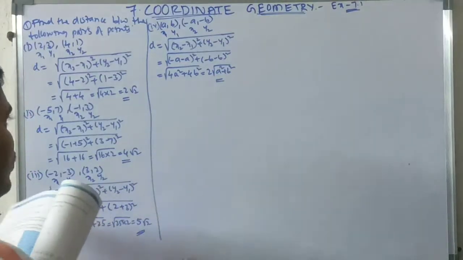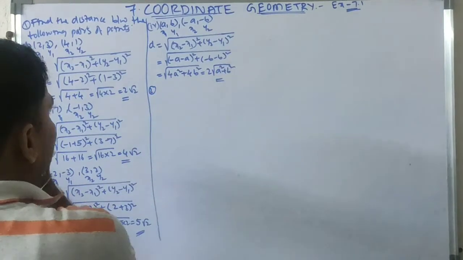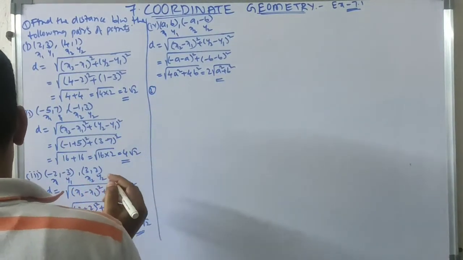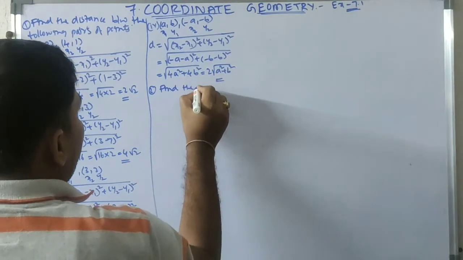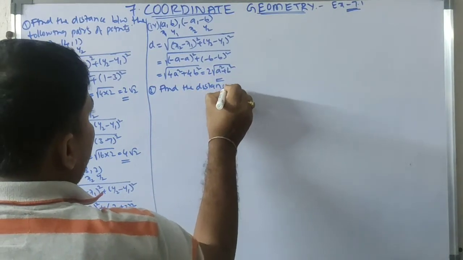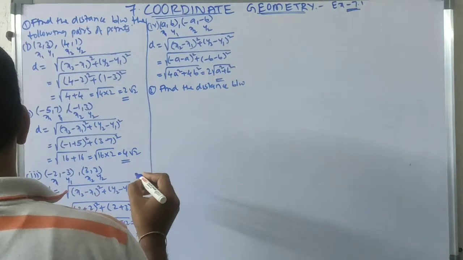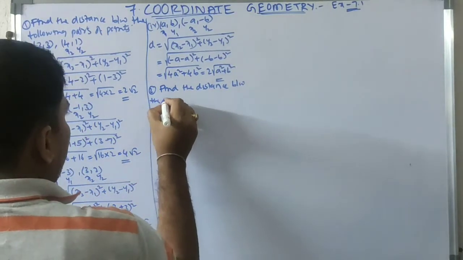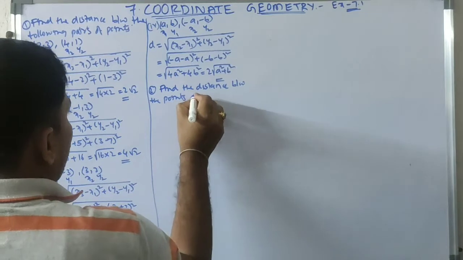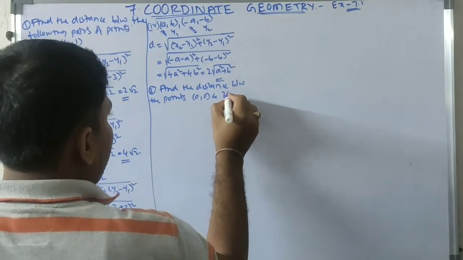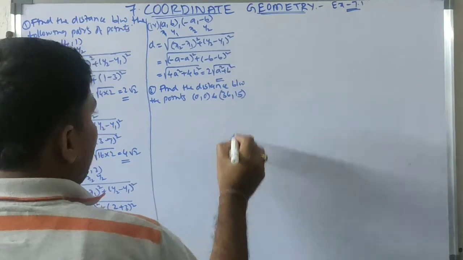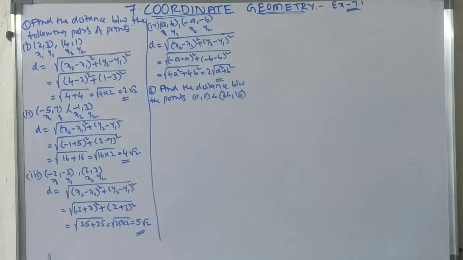Next, the second question: find the distance between the points (0, 0) and (36, 15).